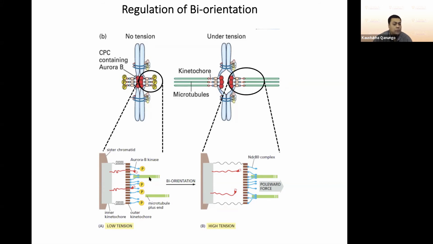These microtubules will try to pull this area apart. As they are pulling apart, gradually these Aurora B kinases will be at a much greater distance from the NDC, and more of the microtubules will get recruited, and that will separate these two out. So that's the process. The more this happens, the more high tension happens to move these towards the middle.